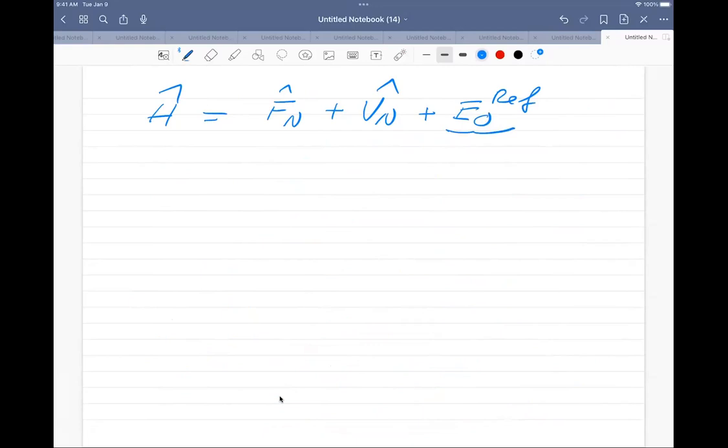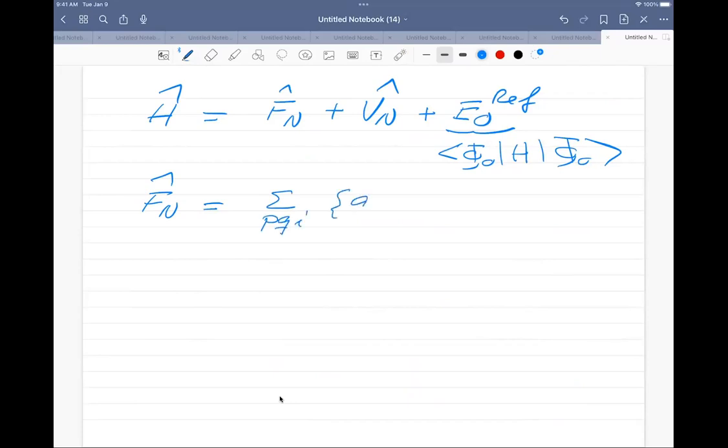where this term, as I said, is nothing but phi 0 and the expectation value with phi 0, where that is an ansatz for the vacuum state. This phi 0 is not an eigenstate of H. Just keep that in mind. So we have defined this V of N, but now we can define this guy, and that's simply going to be given by the sum over PQ of I. I have these normal ordered operators with respect to the new vacuum.